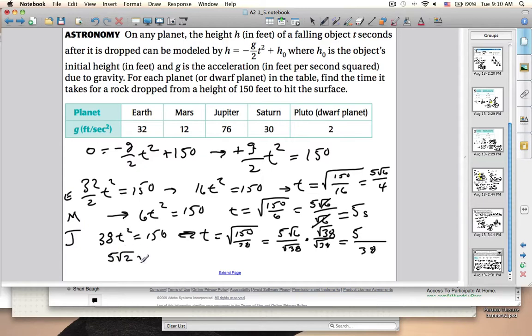If I factor the 6, it's 5 root 2 times root 3. This is all going to be over 38, by the way, times square root of 38 is root 2 times root 19. I said 29 earlier, but it's 19. My mistake.